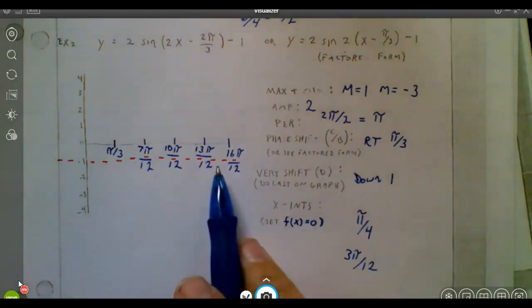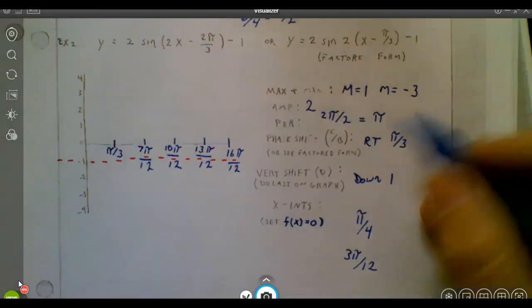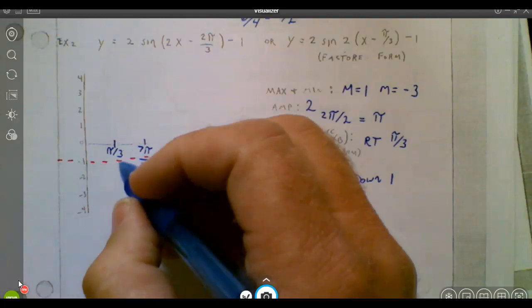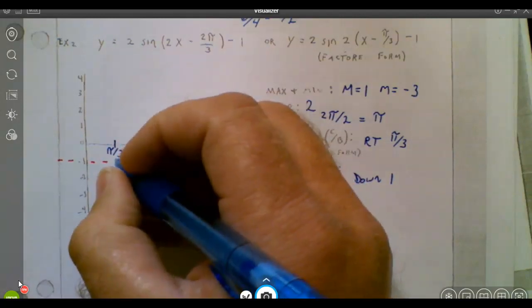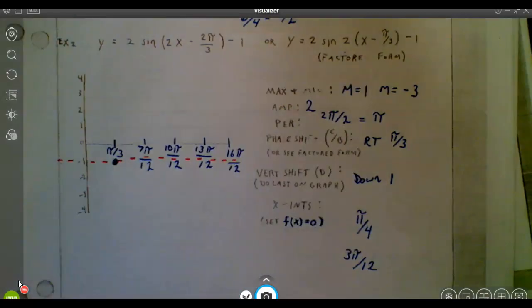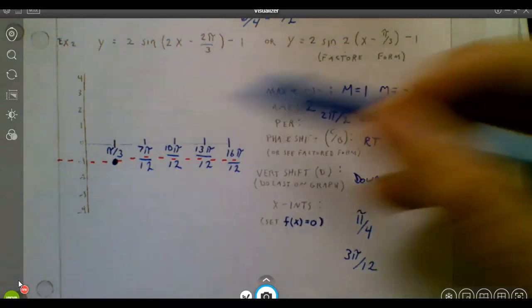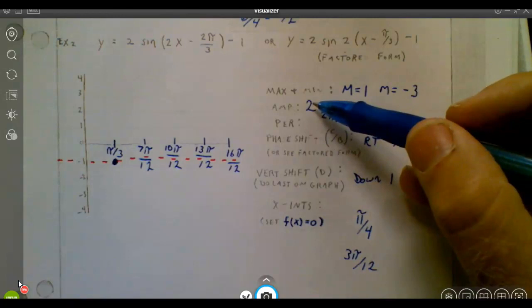So from those 5 points, now I can take my typical approach here. And again, I know I'm starting on the midline. This is my center line because everything has been shifted down 1. So I'm going to start here at my first point. And now I'm going to take the typical path of a sine function where I go up 2, back to the center, down 2, back to the center.